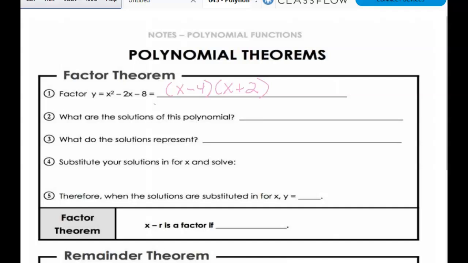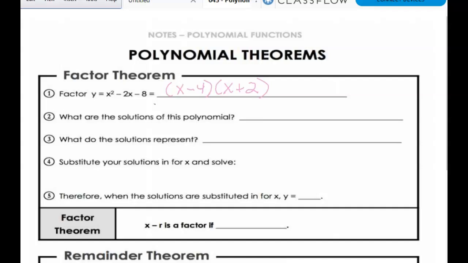Then it asks, what are the solutions of that polynomial right here? So, first of all, what's the degree of the polynomial? 2. How many terms is it? 3. So that makes it a quadratic trinomial, right?